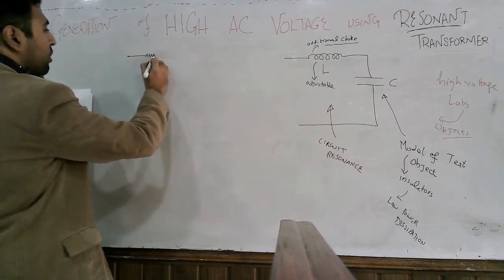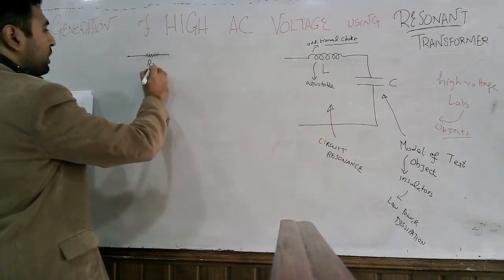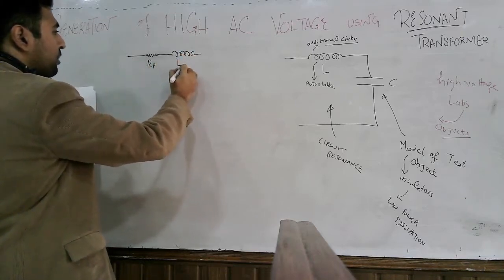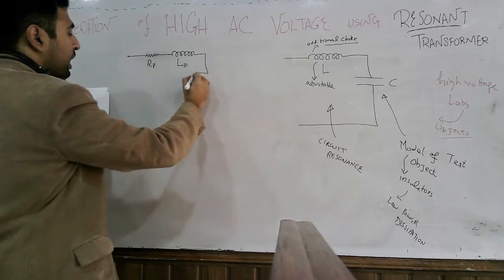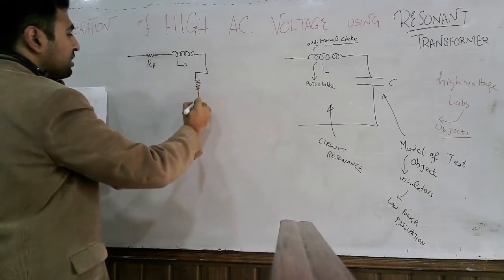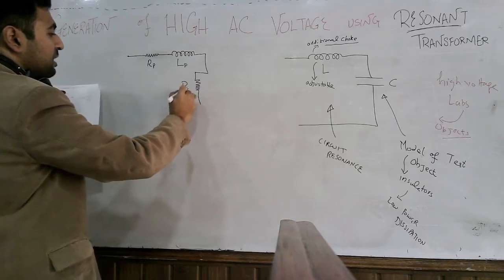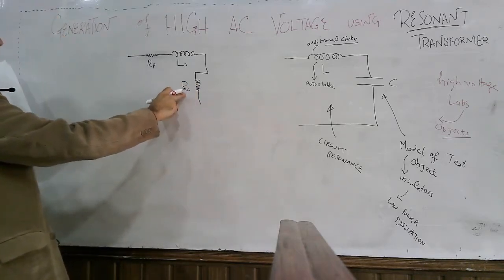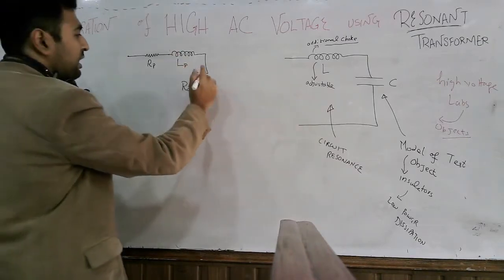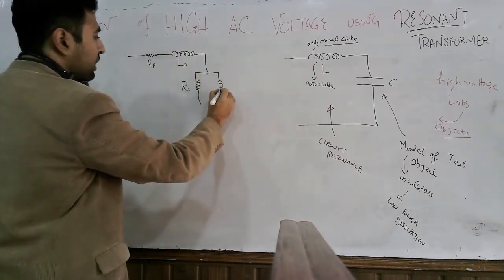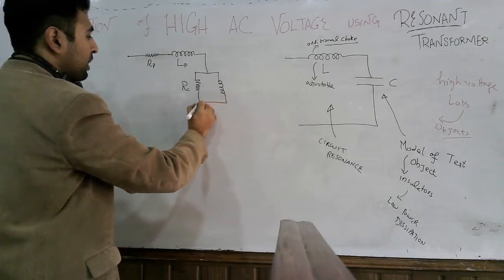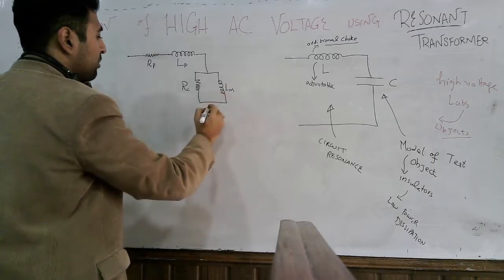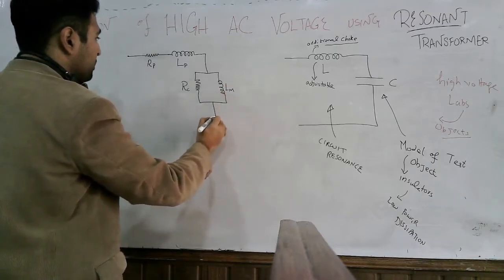the resistance of the primary winding, the self-inductance of the primary winding, then the magnetization branch, which has a resistance modeling the eddy current losses, and an inductor in the magnetization branch, which models the magnetization current or the hysteresis losses as well.